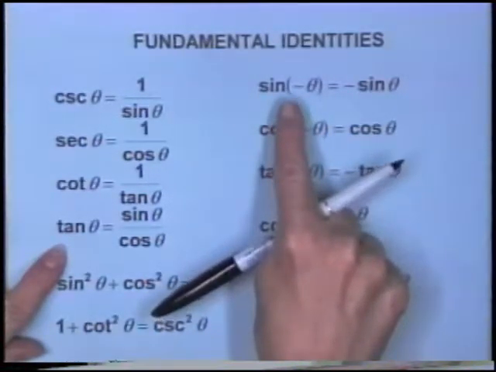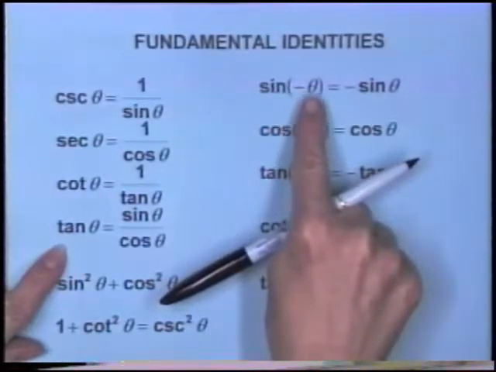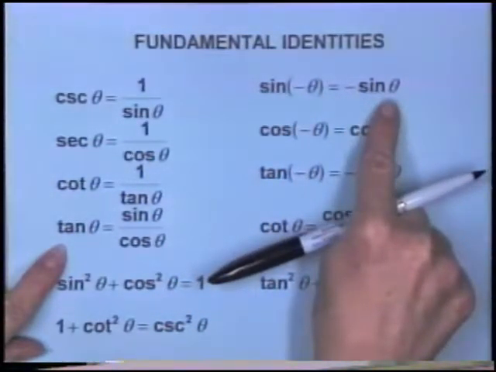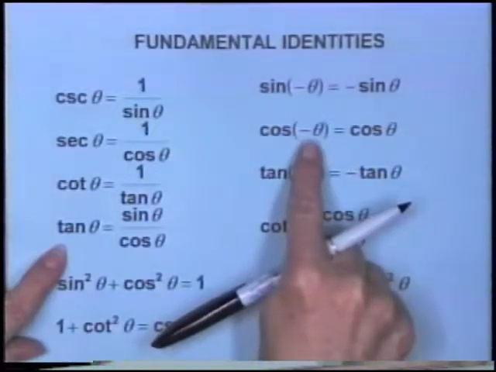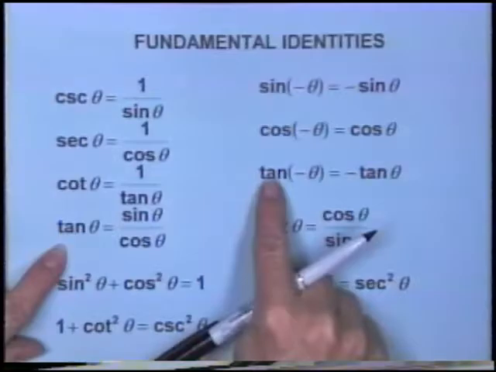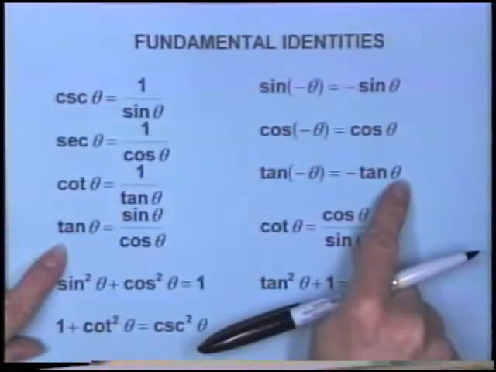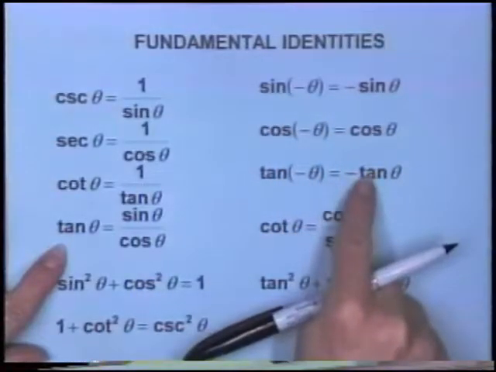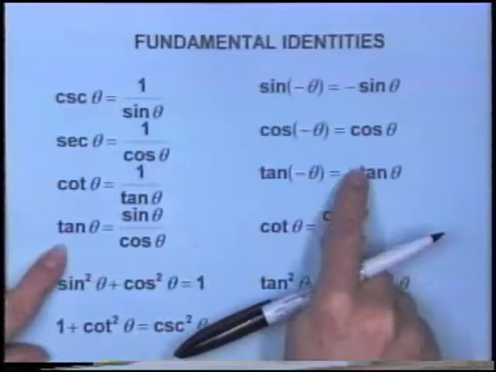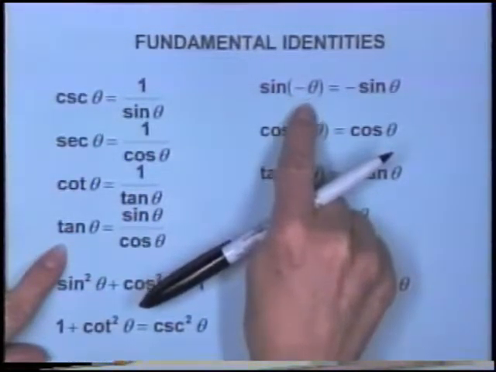Then notice in this upper corner we have our negative angle identities. Sine of negative theta equals minus the sine of theta. The cosine of negative theta is equal to just cosine theta. And the tangent of negative theta equals minus the tangent of theta. The way I try to remember these is to think about the quadrants and the sign involved in the quadrants. If I have a negative angle, I sort of picture a fourth quadrant angle, although it doesn't necessarily have to be fourth quadrant.